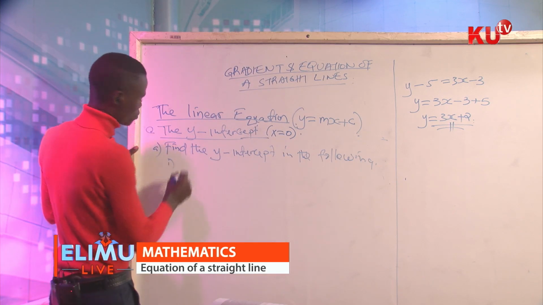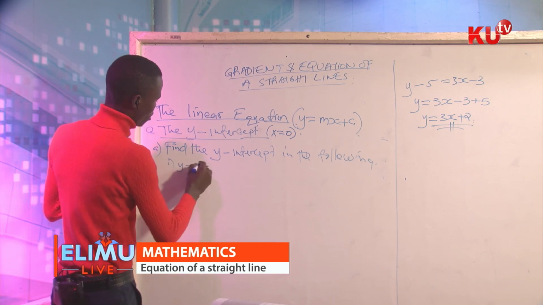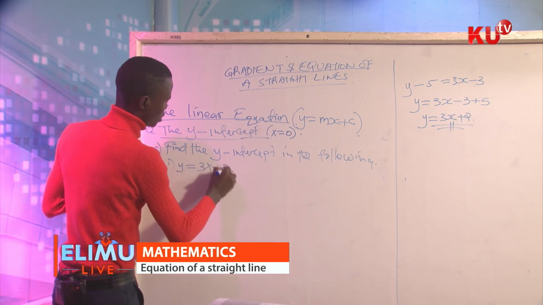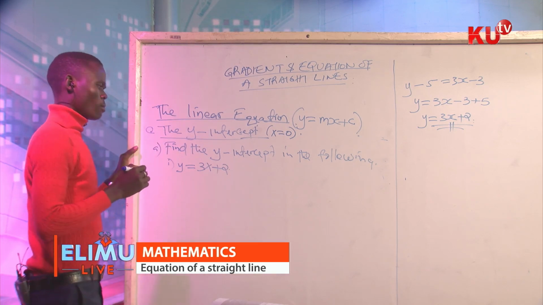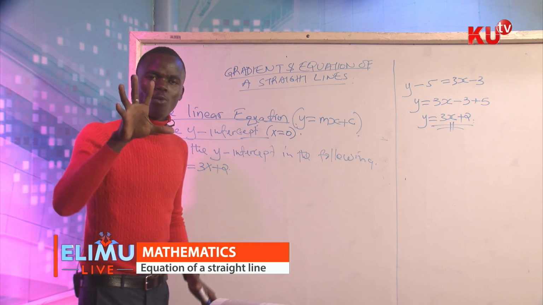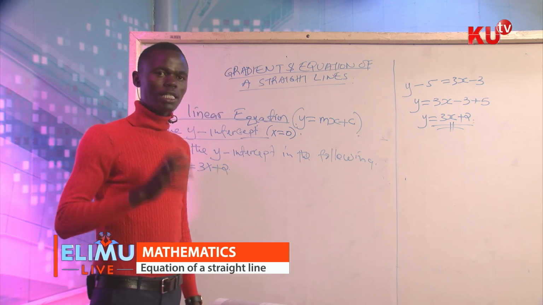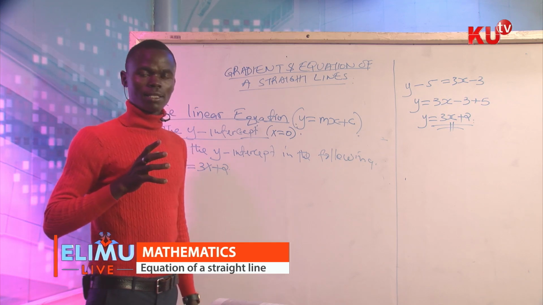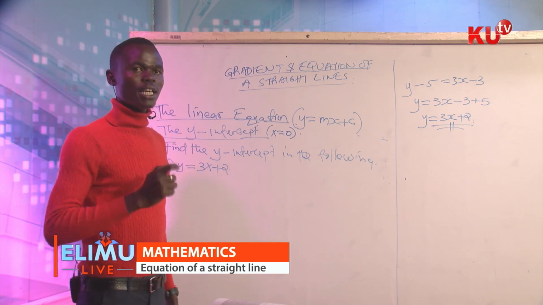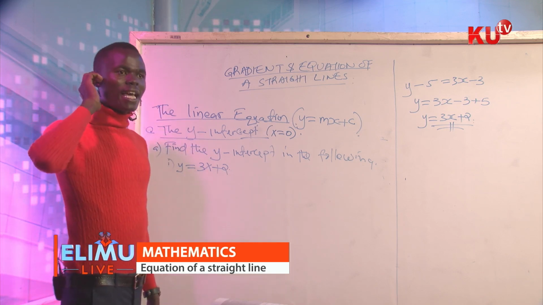Y equals to 3x plus 2. Then you've been told to find the y-intercept. What do you do? It is as simple as you just come and say, where there is x, you will indicate a 0.